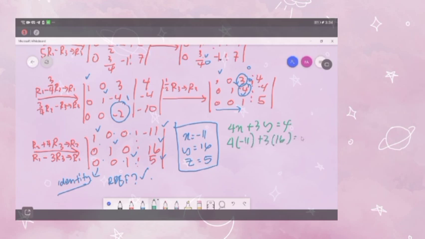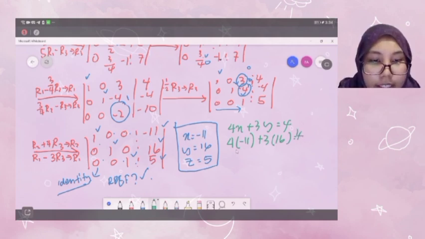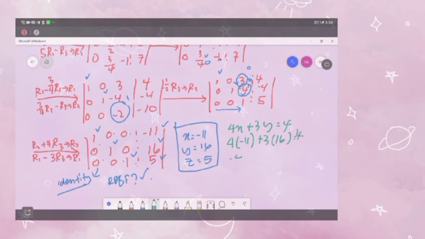So this is 16 is equal to 4. Okay, so this is negative 44, and this is equal to 48. So 48 minus 44 is equal to 4. So we get the answer. So this is our final answer.